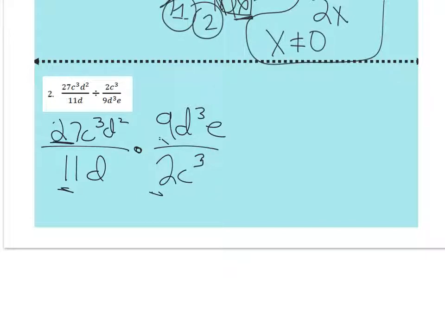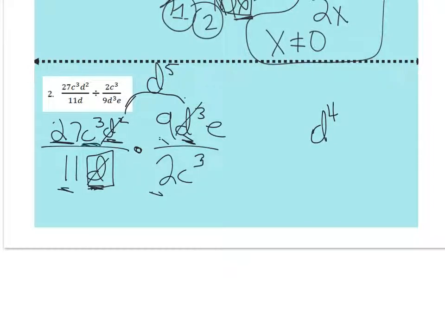Here I've got d squared and d to the third on top, and just a d on the bottom. I can combine these two, and that becomes d to the fifth over just this d. That's going to leave me with d to the fourth in the numerator. That takes care of all the d's.